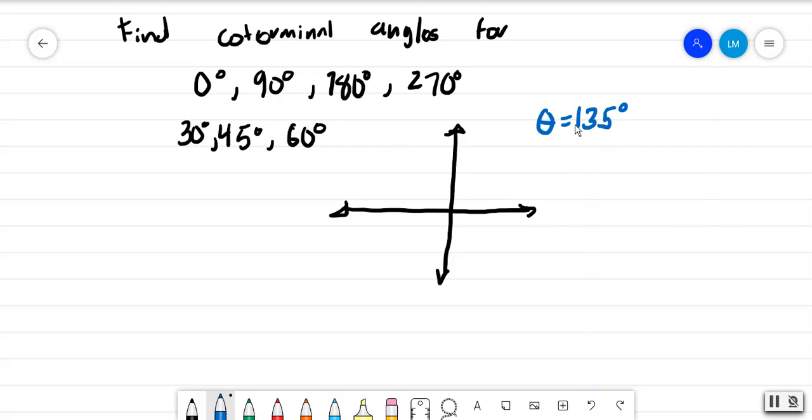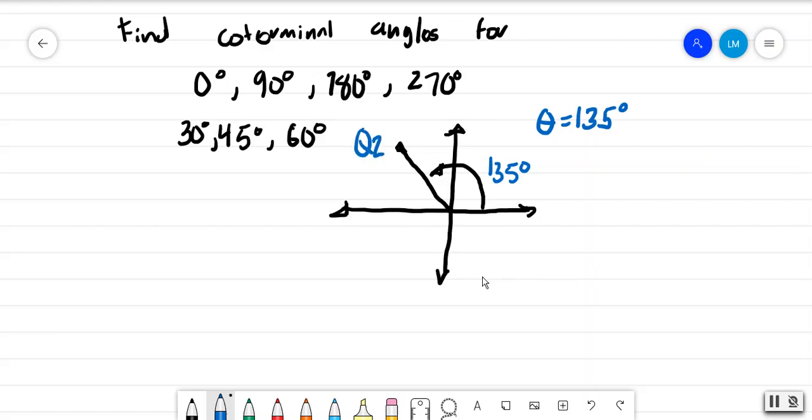Why? Because it's between 0 and 360. So this is one of those situations where the coterminal angle is equal to the angle. The termination is going to be in the second quadrant, because the angle measure looks something like this. This is going to be 135 degrees, but where does it terminate? It terminates in quadrant 2.